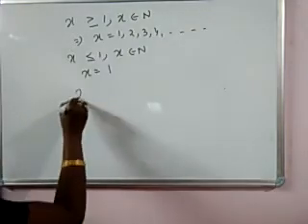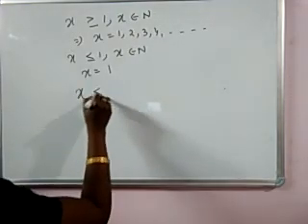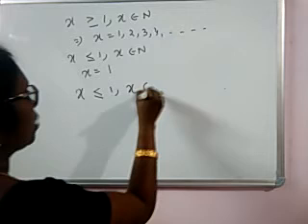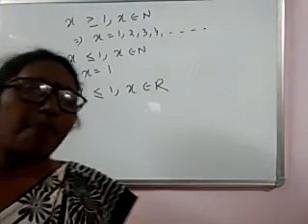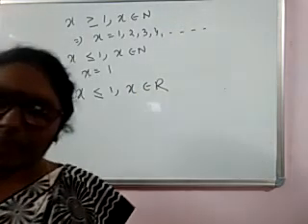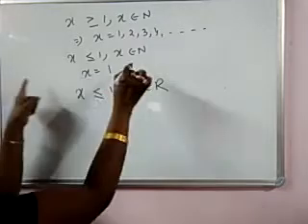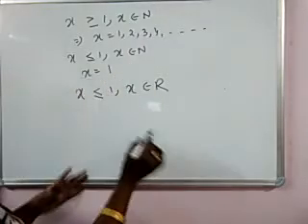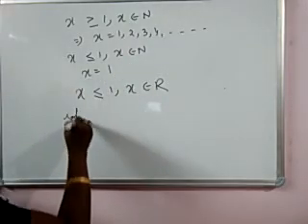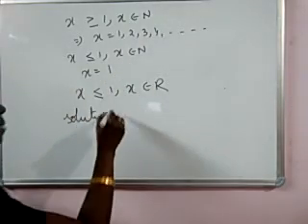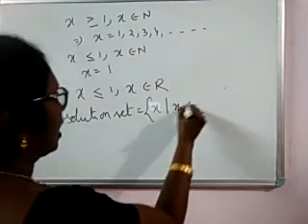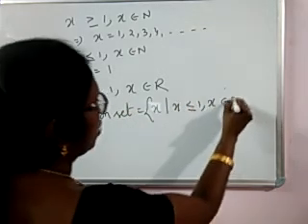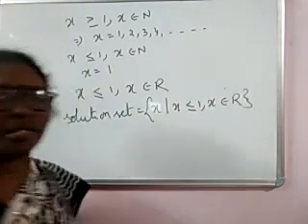And if I give you x less than or equal to 1, x belongs to real numbers. What are real numbers? Every point on a number line is a real number. That means here you cannot write the values like this. You can only express it in the form of a solution set: x such that x is less than or equal to 1, x belongs to real numbers.